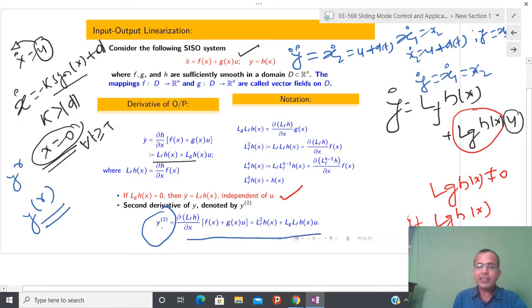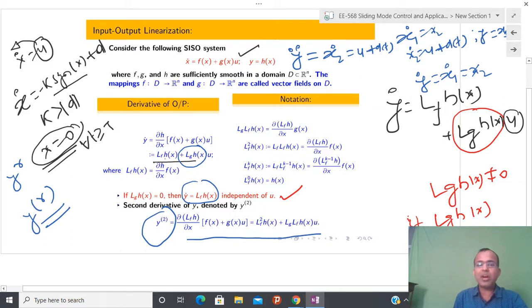What I am telling now is, if LgHx, the term which is multiplied with control, equals 0, then basically y dot equals LfHx, and due to that you have to calculate the higher derivative, which is represented by y subscript 2. Then I have to take the partial derivative.